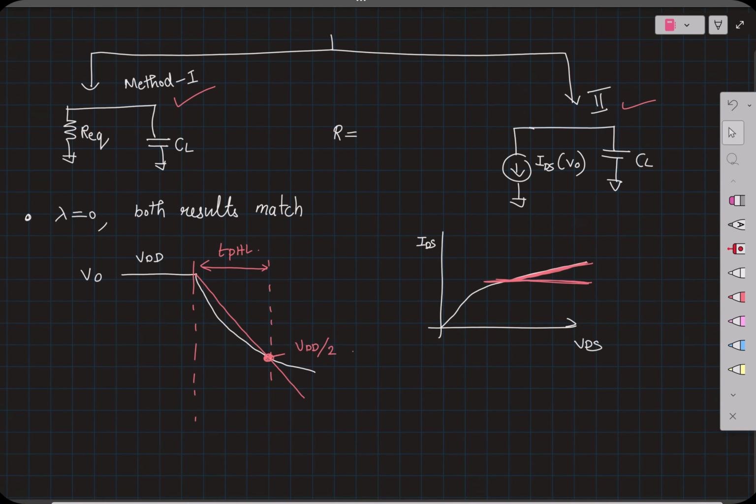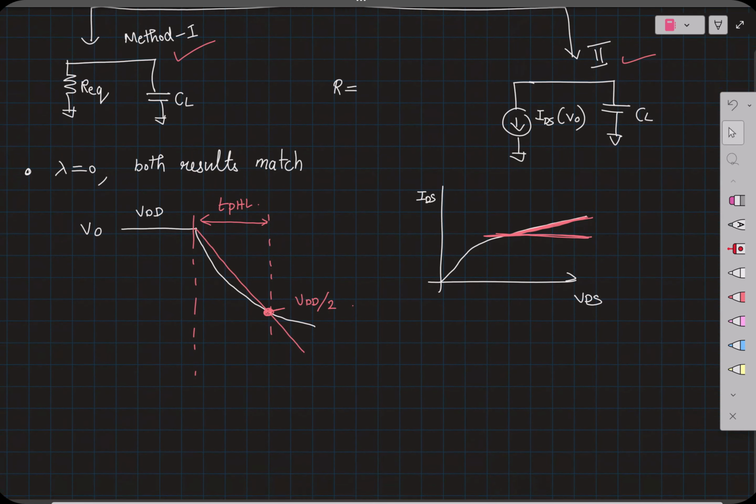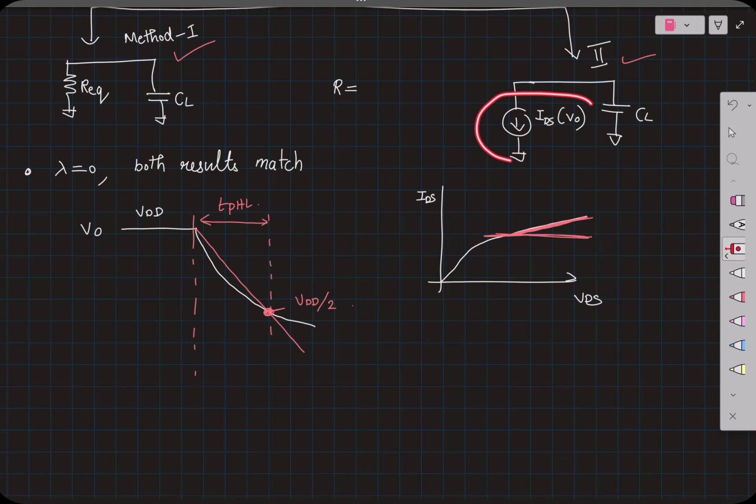So for a quick comparison, I have assumed lambda equal to 0 and then have done the comparison of both the methods. Right? You can do this calculation, so you can derive the result here, assuming lambda to be some finite value. You can derive it, and you'll see that that also matches. So you'll compare it to the R equivalent derived with lambda being a finite positive value, and you can compare both and see that that will also match.